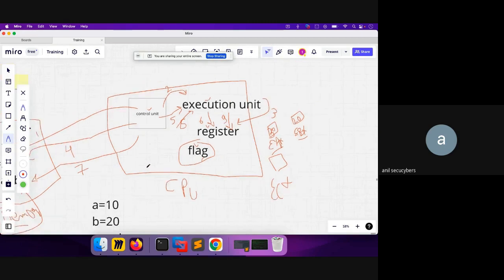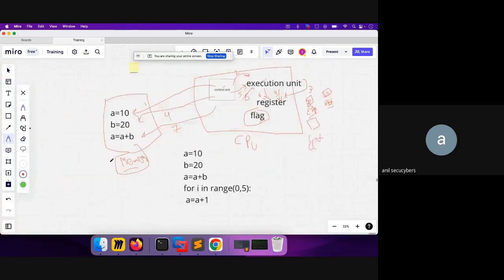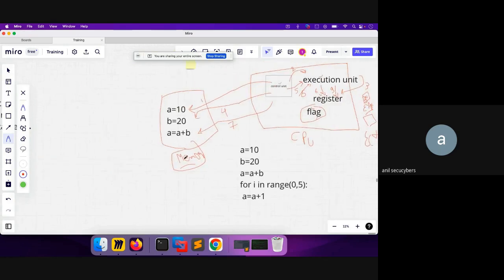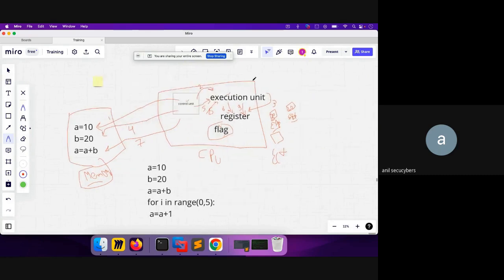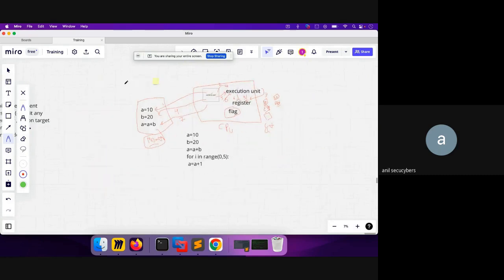The other level of sophistication is that, this time, the CPU is a combination of all of this, not just 4 units, but also an extra memory.